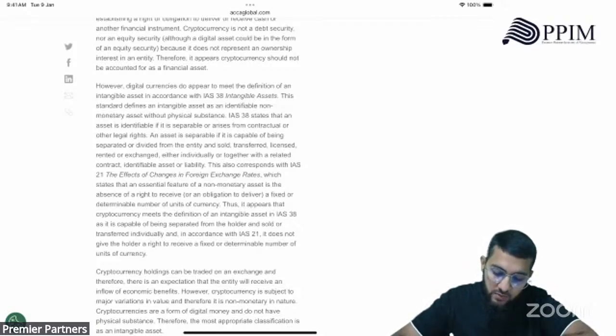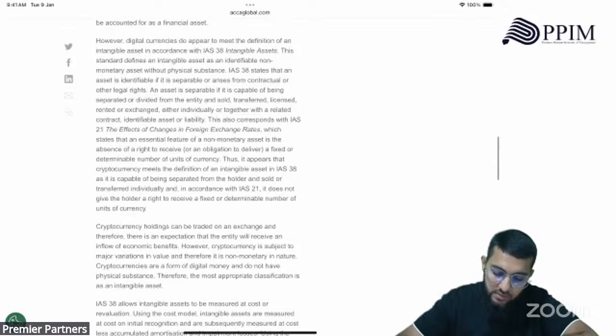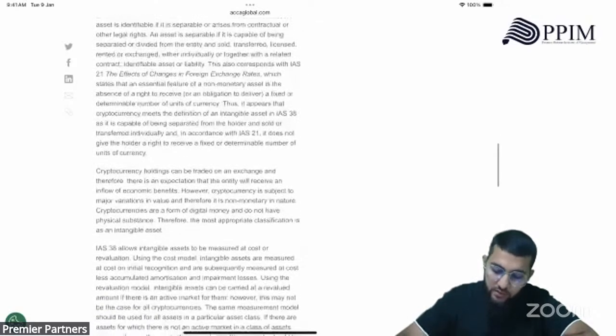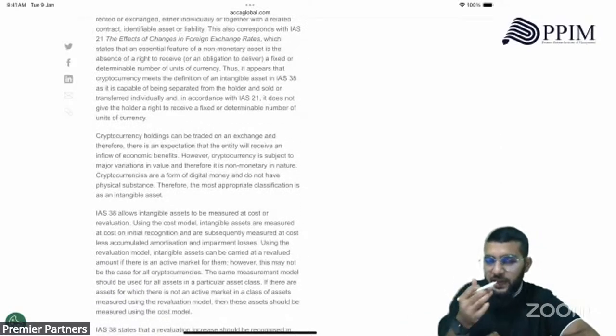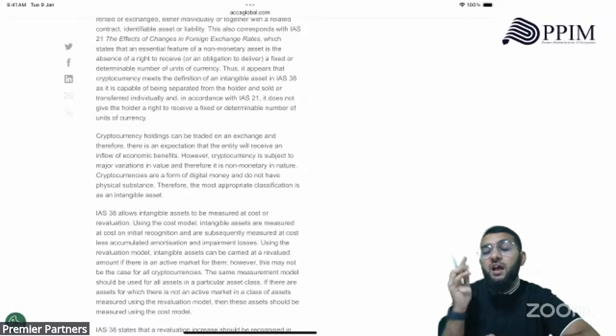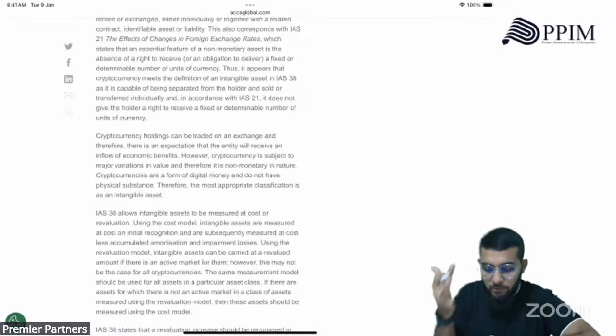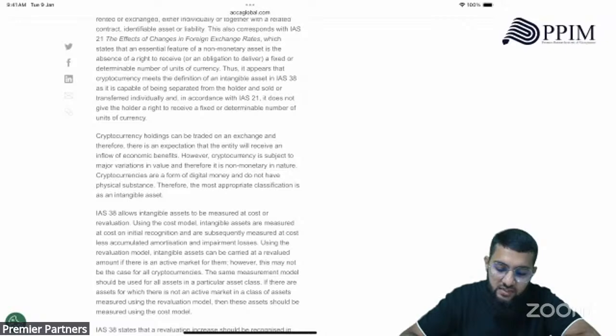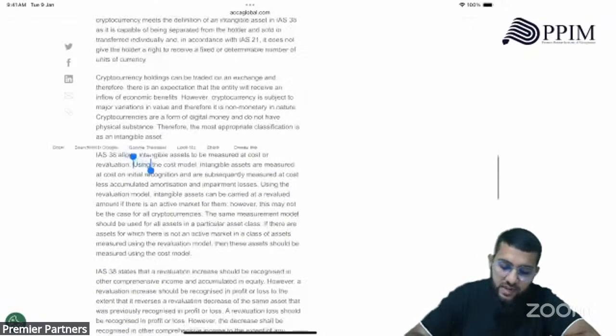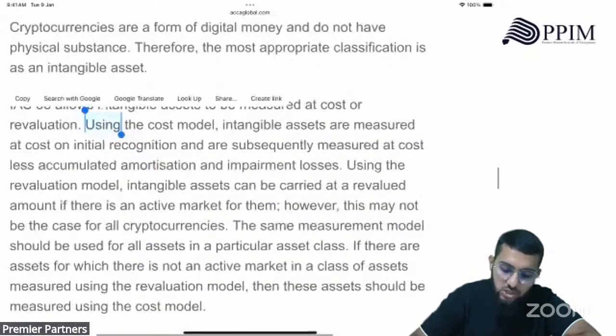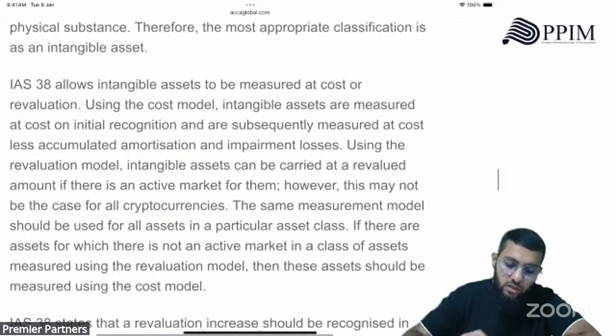And in accordance with IAS 21, it does not give the holder a right to receive a fixed or determinable number of units of currency, right? Then you have to explain, if it is meeting the IAS 38 definition, how would you deal with it? What's going to be the measurement? So in this section, IAS 38 allows intangible assets to be measured at cost or revaluation using the cost model.